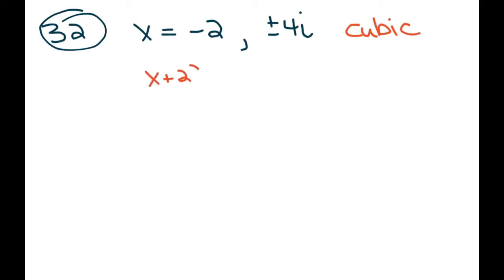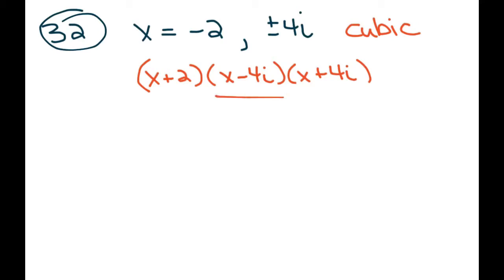All right, so if these are my 3 roots, my factored form is going to be x plus 2, x minus 4i, and x plus 4i. I would recommend multiplying these two together first because it's the product of a sum and difference. That means when I multiply it together, the middle terms are going to cancel. So I'm going to get x squared minus 4xi plus 4xi. Oops, I did that backwards.